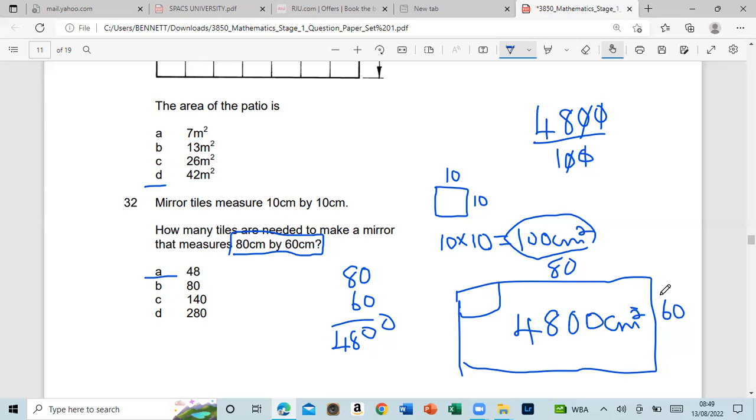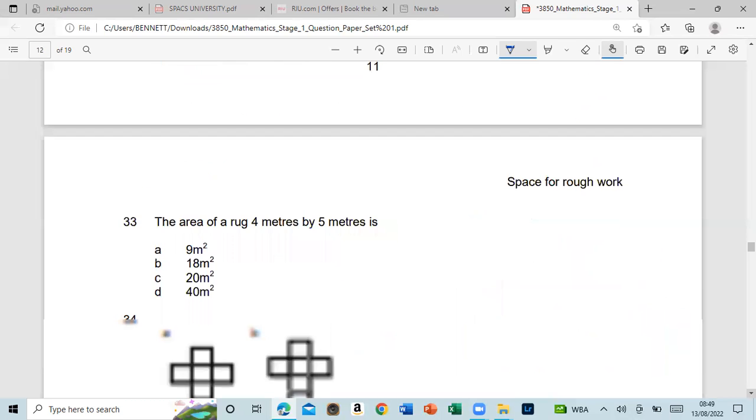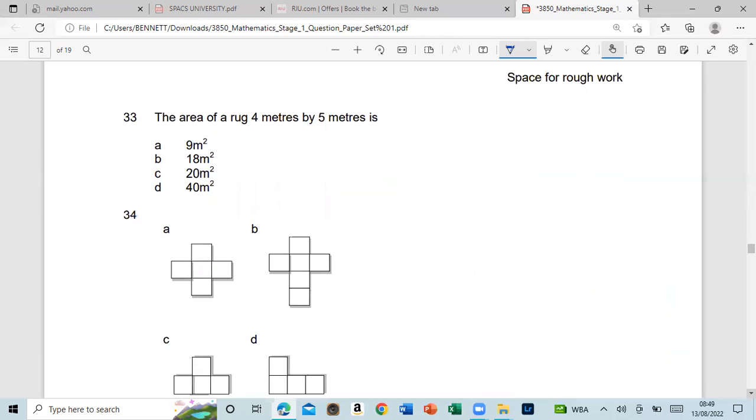When they're doing the maths SBA, you can do something like this: area of a tile, area of a room, and the number of tiles you need and so forth. All right. This one now, the area of a rug, 4 meters by 5 meters. Let's assume it's one rectangle or one square, right? Well, it's going to be a rectangle because the measurements are different.